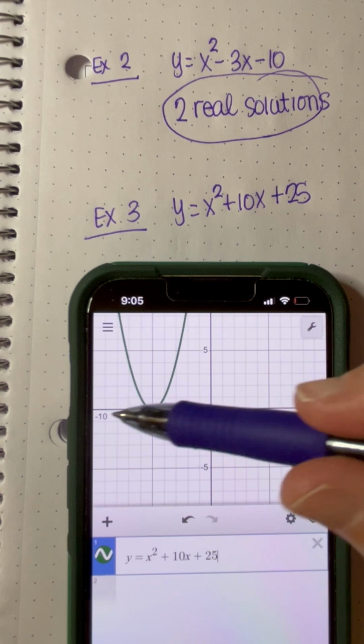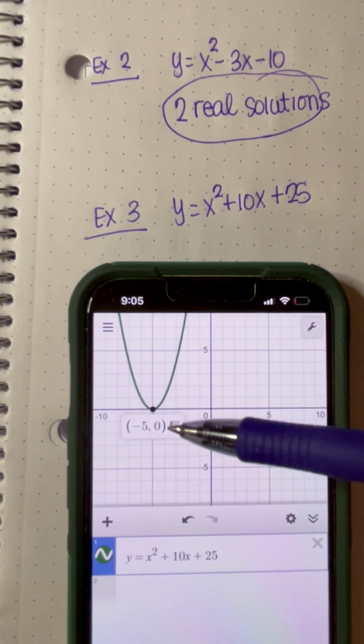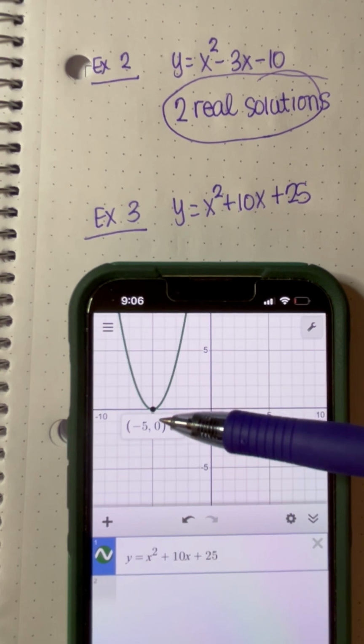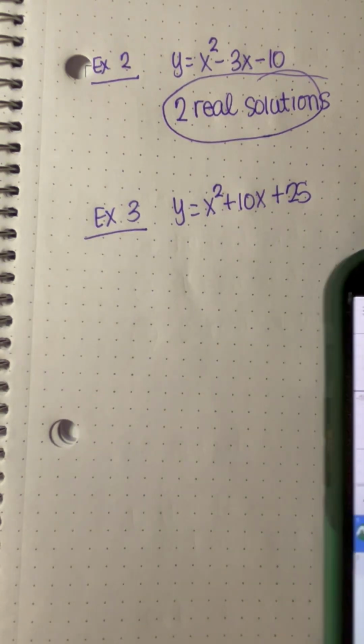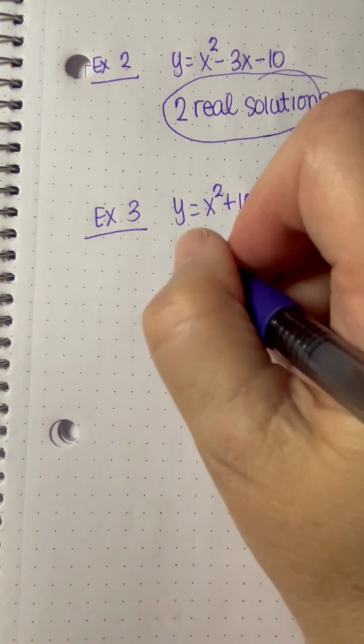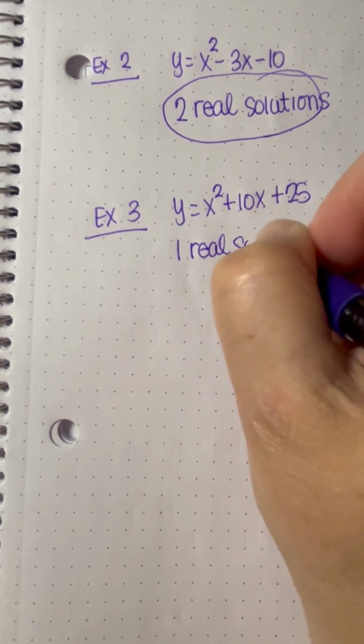Here's the x-axis. And what you notice this time is I'm only touching the x-axis at a single point, which is -5, or -5, 0, however you want to say that. So because I am only intersecting the x-axis one time, I would tell them that this is 1 real solution.